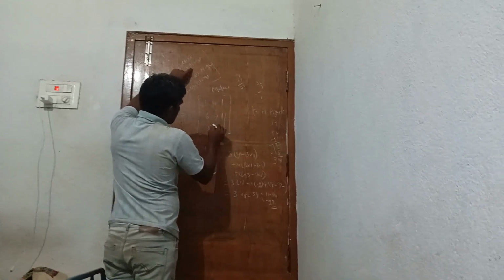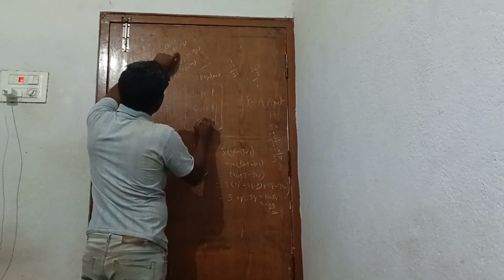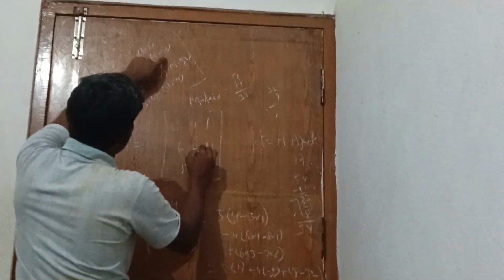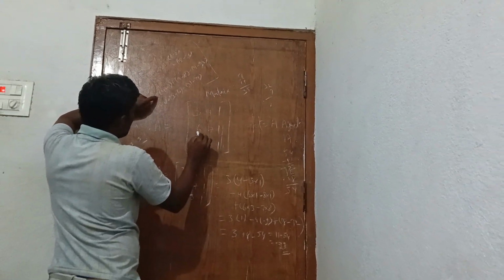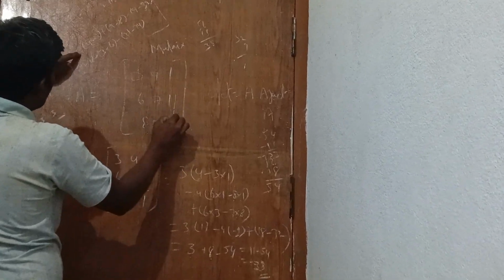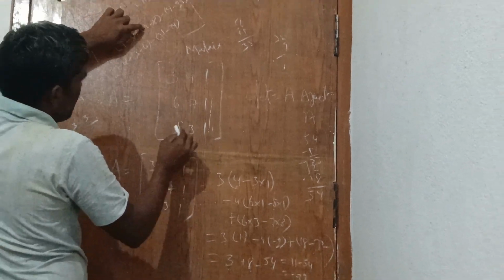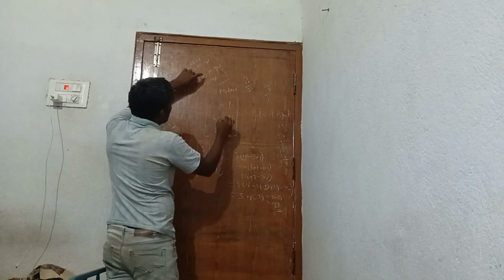This one next one, 6 is minus 20, 7 is 8, 7 is 56. Next one, second line minus, this is cancel, 4 1 ja, 4 3 ja. Next one, plus symbol, 3 1 ja, 3 8 ja.